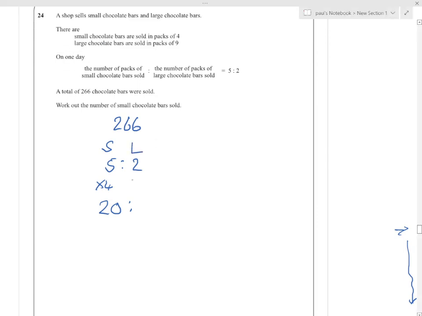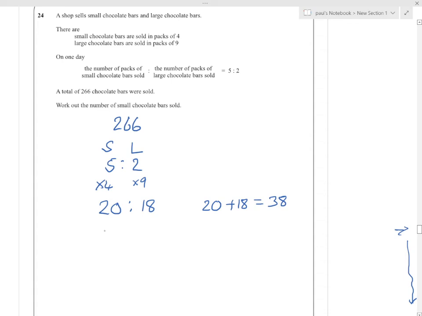Large chocolate bars are sold in packs of 9. So multiply that by 9, which is 18. So we've got small is 20 and large is 18. So I suppose what we could do now is do 20 plus 18 equals 38.